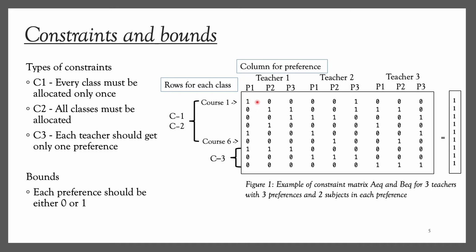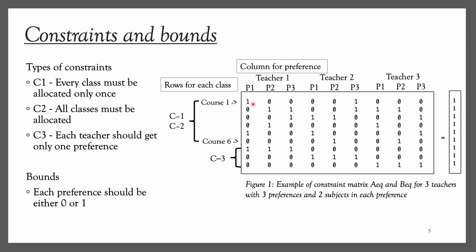This one represents that for teacher 1, preference 1, course 1 was mentioned once. Then course 1 was not mentioned in either of the other 2 preferences for teacher 1. Then for teacher 2, course 1 was not mentioned in the first 2 preferences but it was in the third preference, and teacher 3 did not mention course 1 in any of their preferences.